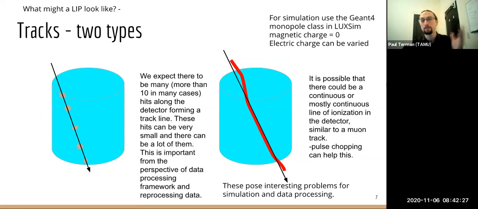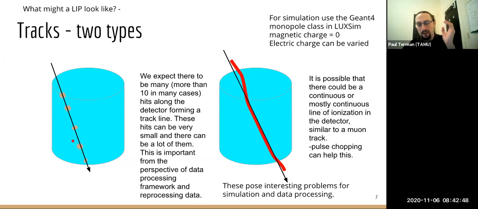Now, what would a LIP look like? It would look very different than our WIMP signature. There are two different types of tracks, not single scatters, but multiple scatter tracks going through the detector. The first type is where we have a bunch of discrete hits along the detector, as we see on the left-hand side.